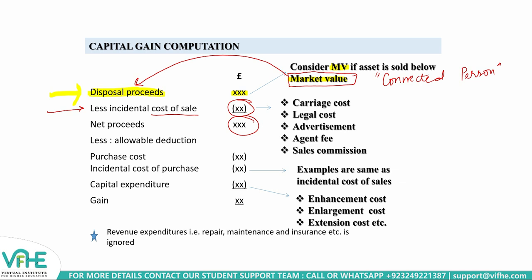For instance, in order to dispose of my chargeable asset, I might have incurred carriage cost, or I might have paid any legal fee or advertisement fee for the sake of making the sale happen, or if an estate agent was involved in selling my chargeable asset, and when the asset was sold, a fee was to be paid to that agent, then these are all expenses incurred for the sake of making the sale.